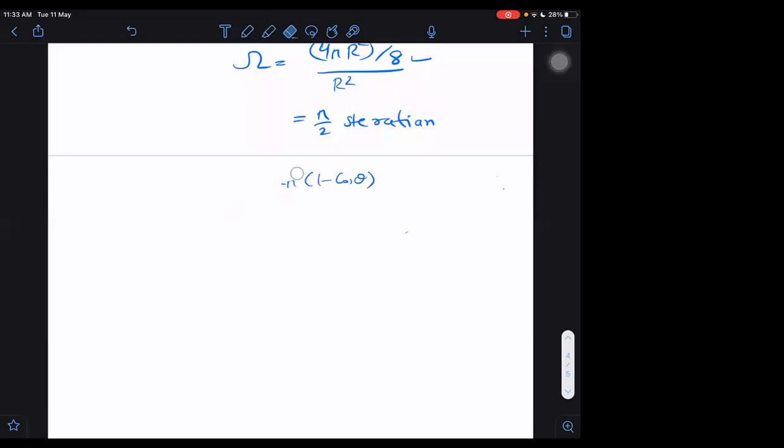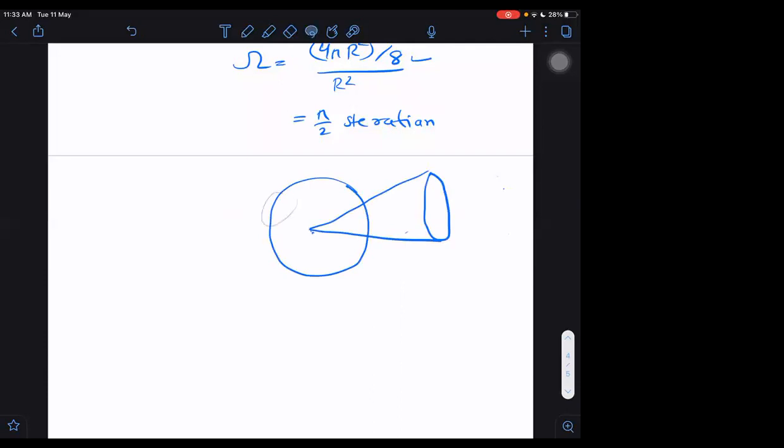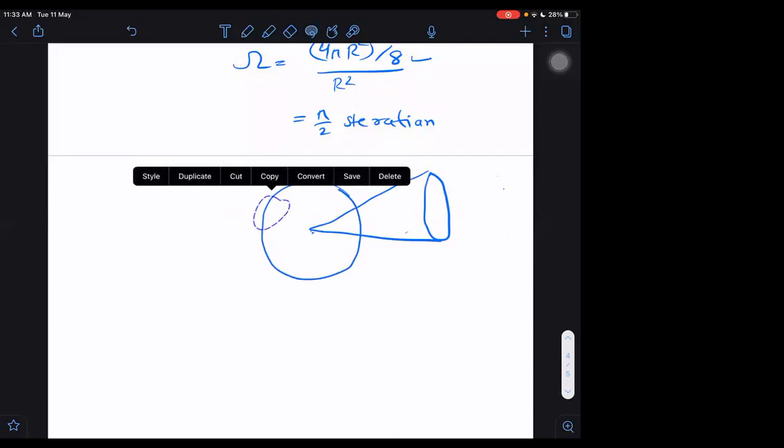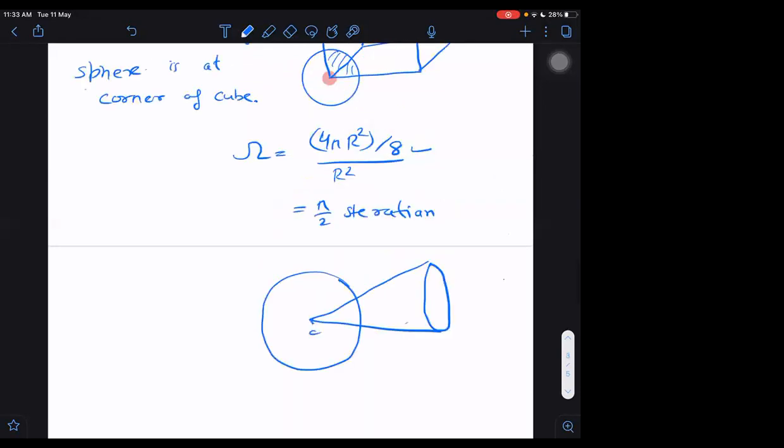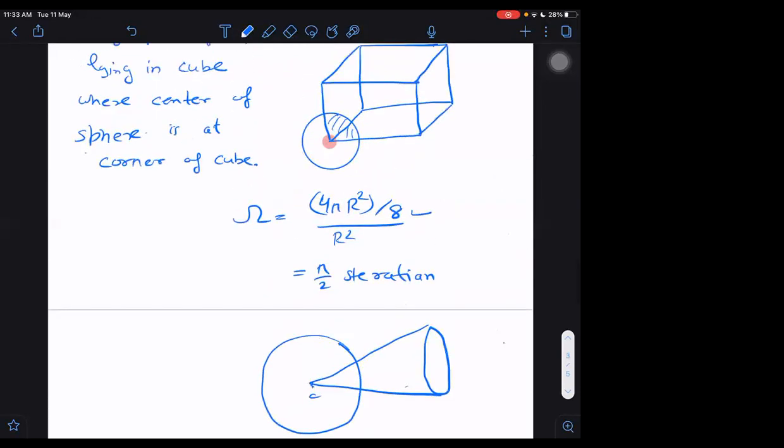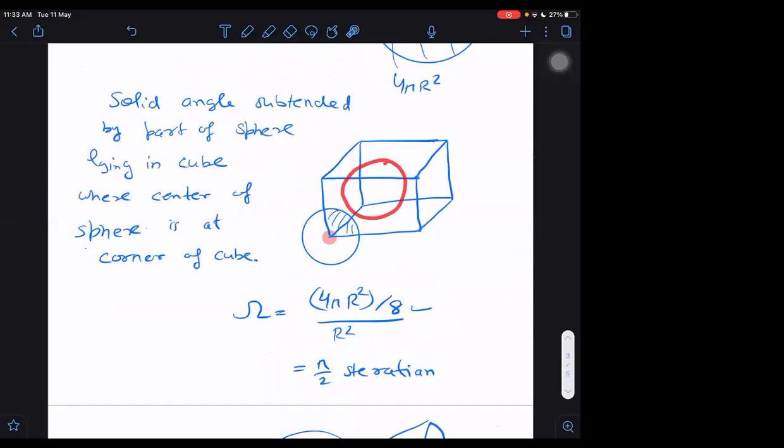It is applicable only if we have a cone, with the vertex of the cone at the center of the sphere. In our present scenario, this cube is not a cone, so don't try to apply that formula in this case.